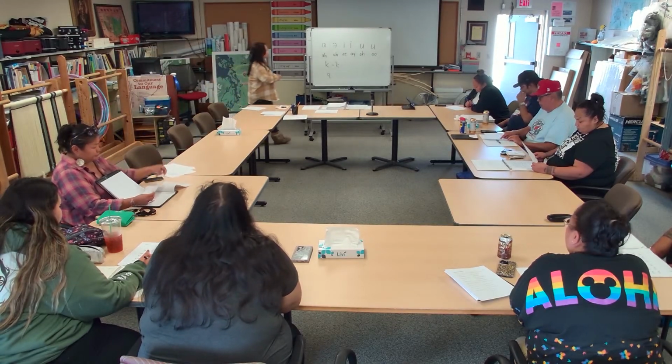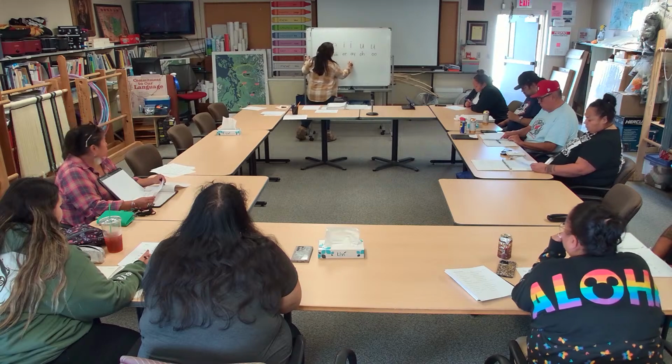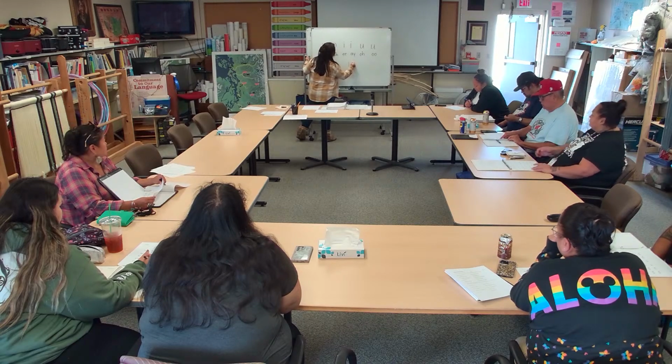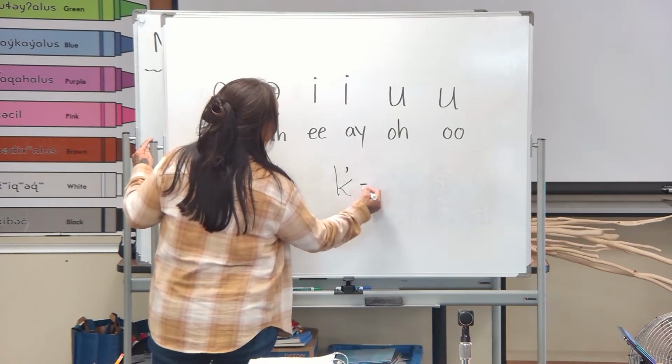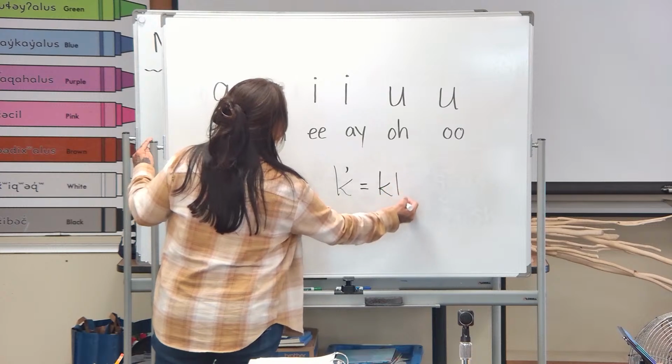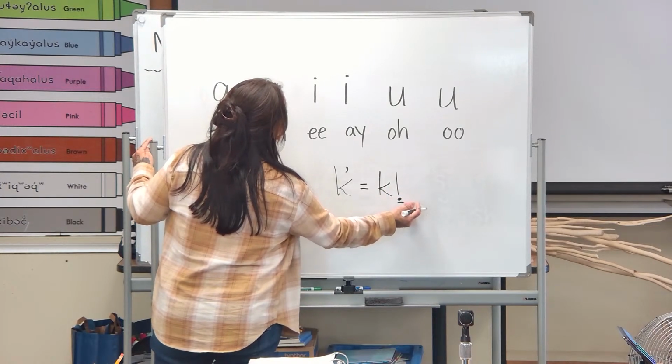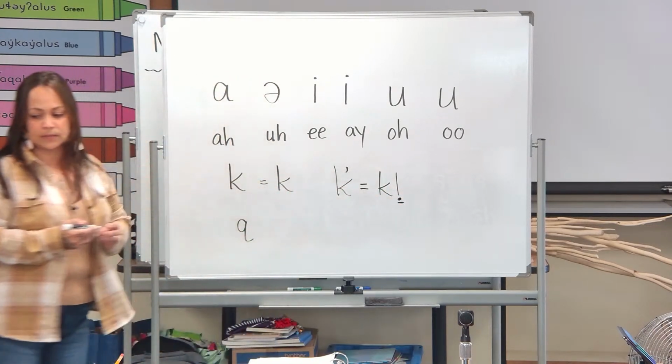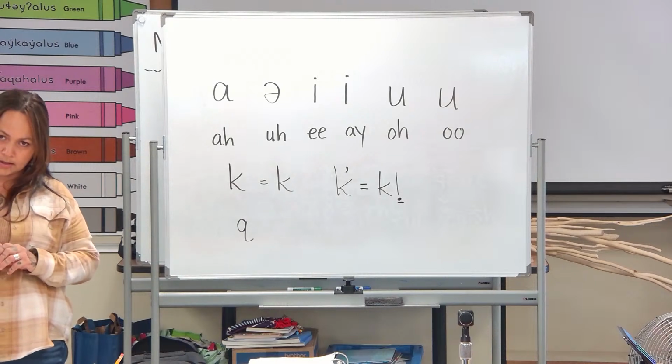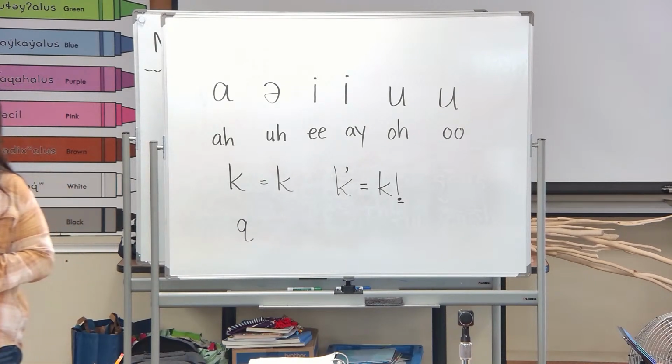What we learned about the letter C. What happens when we add this? We are forcing the sound. So we take it from ka, ka, ki, ke, ko, ku. So now we're going to force that K letter sound.